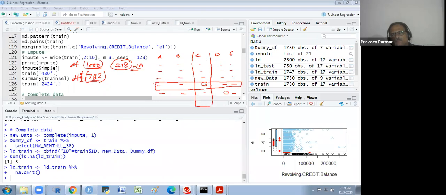I have the observations where all the values are there. And I will treat this as a target variable, and I train a model with C as a target variable. The others are the predictors.